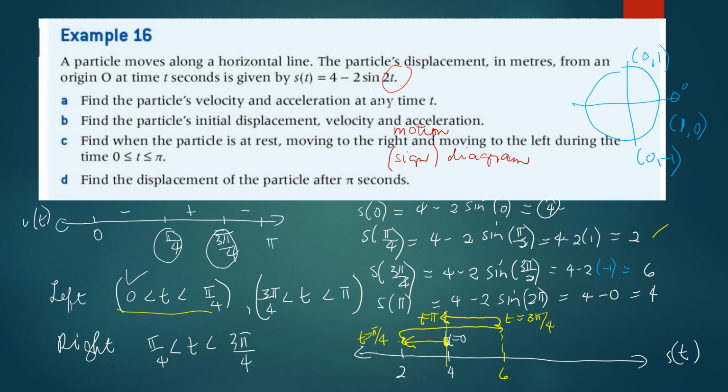It's from 4 and then here, and then go back here and then there. So we end up at the same point. So there is no displacement at all. So our displacement is equal to 0.